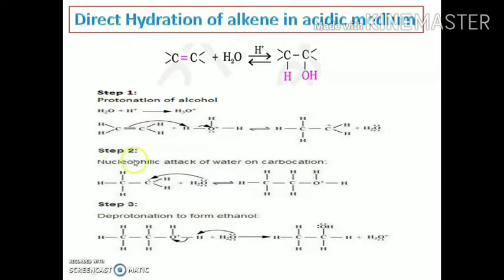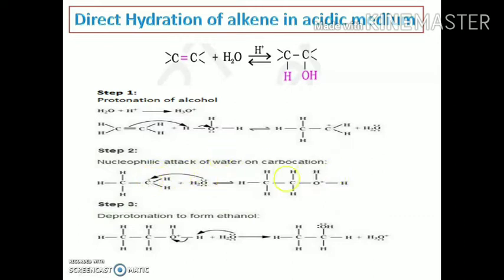In the next step, there is a nucleophilic attack of water on the carbocation, as the oxygen atom of the water molecule has two lone pairs, and these lone pairs act as a nucleophile and attack the carbocation.